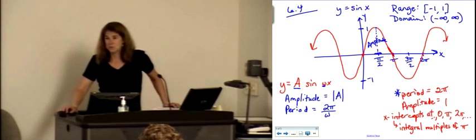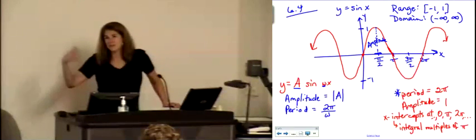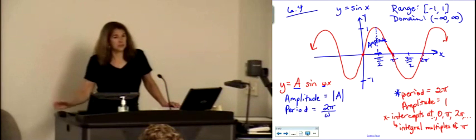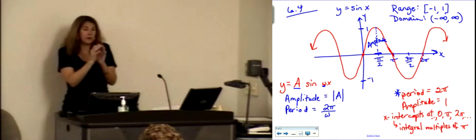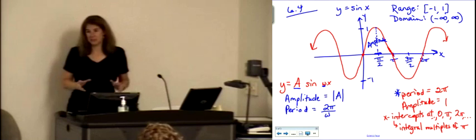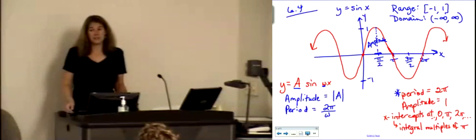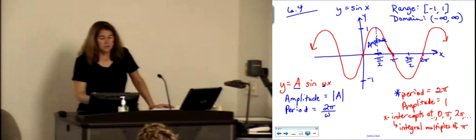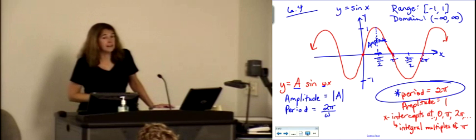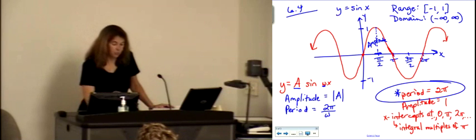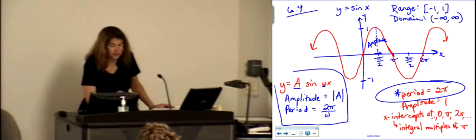But things are going to change when we start putting other numbers in. That would make sense, wouldn't it? If we start putting different values in, the shape's going to change. Well, the overall shape's the same, but how wide or how narrow or how tall, those things are going to change with our graph. We're going to see some of that today too. But because the basic period of the sine function is 2 pi, we use 2 pi over omega, whatever that coefficient is, to get the period of whatever sine function we're working with here.